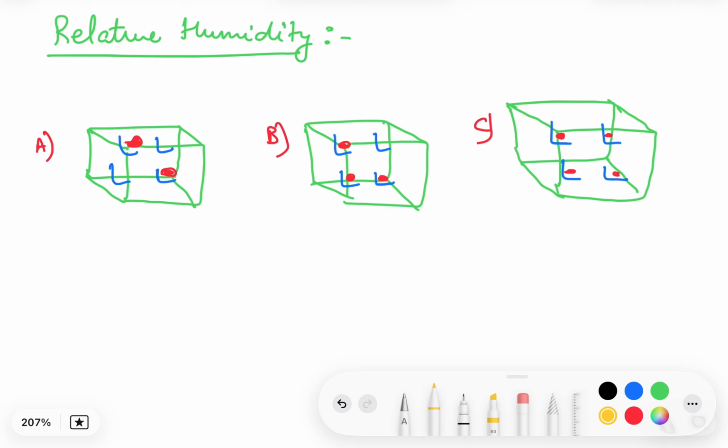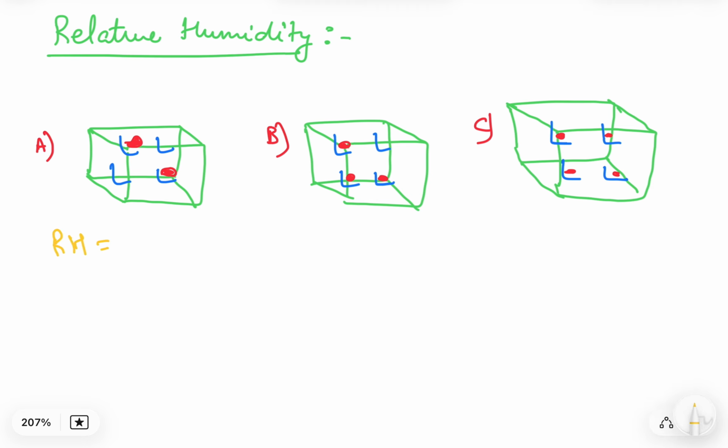So the relative humidity in case of A will be, here the capacity to hold the water vapor is 4 and the present water vapor is 2, out of 4 into 100. In case of B, the capacity to hold is 4 and the present water vapor is 3. And in case of the C parcel, the capacity to hold is 4 and the present is also 4.